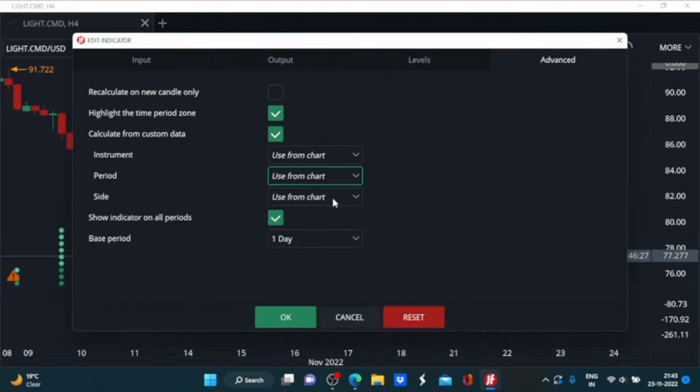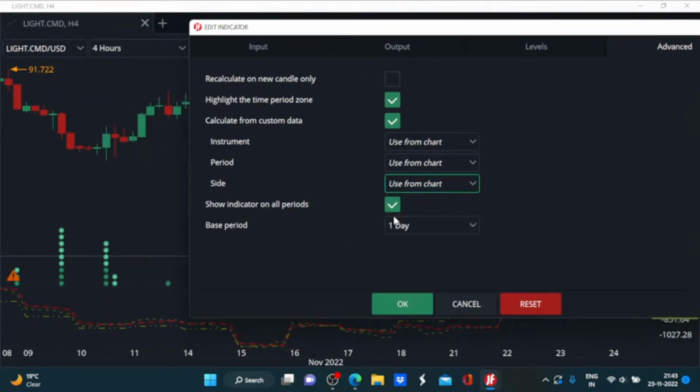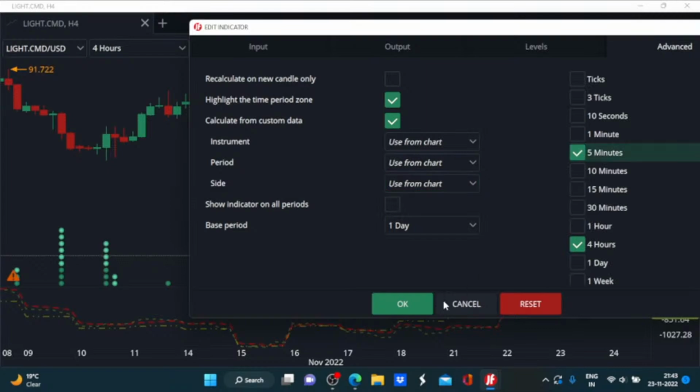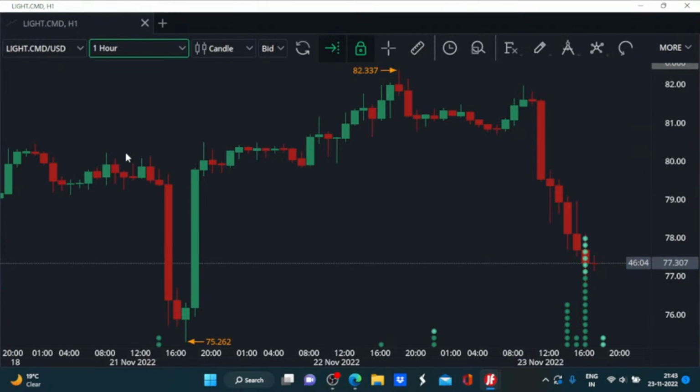Now I will restore it back to use from the chart side. As per bid, there will be a minor difference between the output value depending on the side of the spread. If you want the indicator to be available on all the candle periods, then you have to opt for this option, as you have to define on which time frame this indicator should be available, and only on those time frames this indicator will be available.